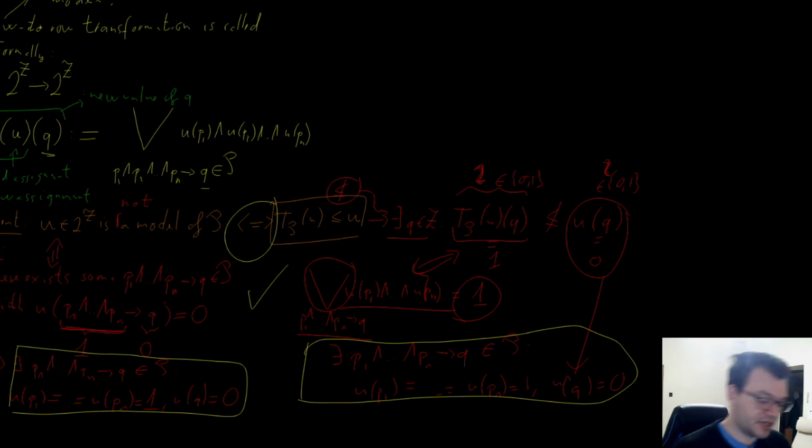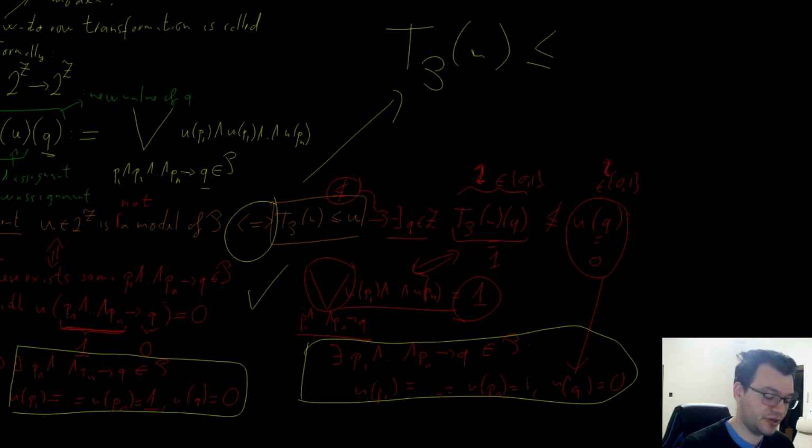For the next part we should just note that T_P(U) being smaller than or equal to U seems to be important.